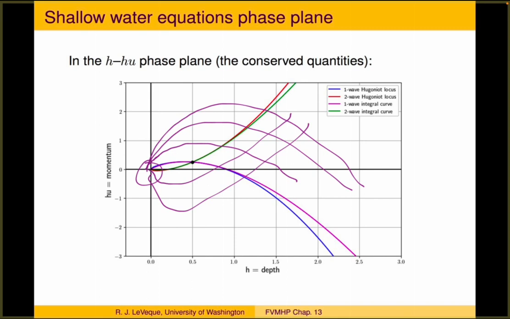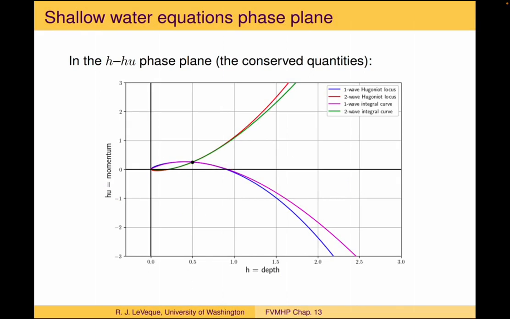But the main reason for that is that for shallow water equations, I was using the conserved quantities, so the depth and the momentum, which is h times u. So as h goes to 0, all of these curves go to hu equals 0 as well, assuming the velocity is staying finite. Hu goes to 0 as h goes to 0. So the fact that everything comes together at the origin here is related to the fact that we use the conserved quantities.